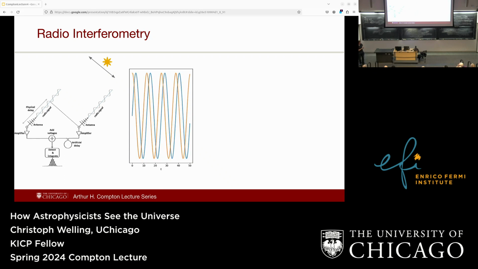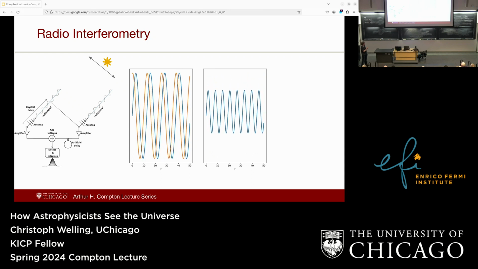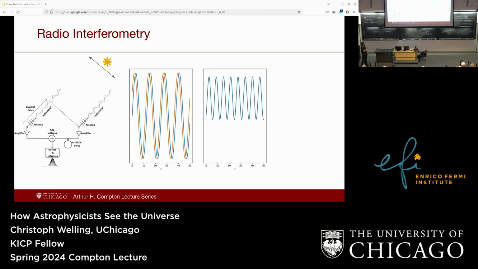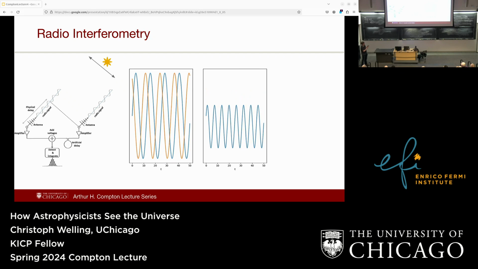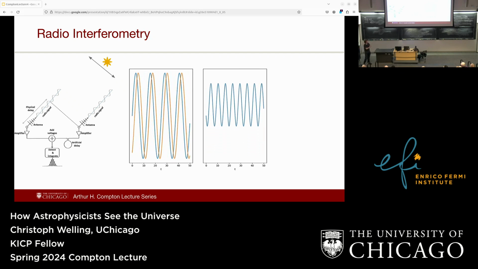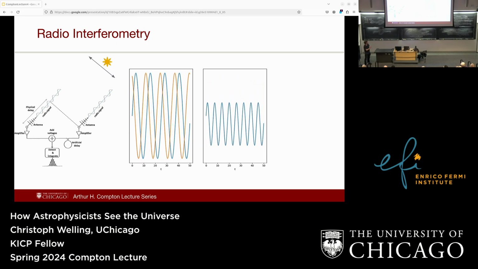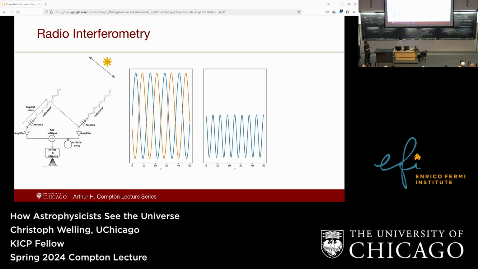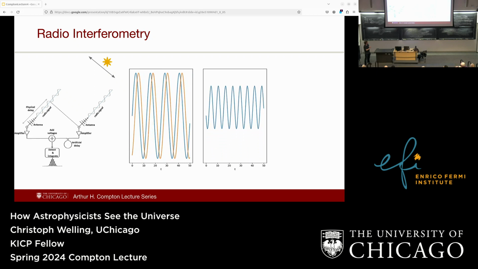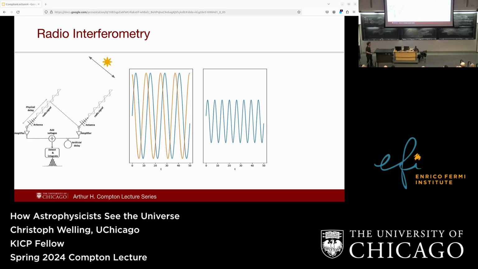Now what I can do is combine these two signals and multiply them with each other. Then I get something like this, right? If they align perfectly, then I multiply a positive number with a positive number, and a negative number with a negative number, so I get a pretty big signal overall. If they're completely out of phase, I multiply a negative number by a positive number, so I get something negative.